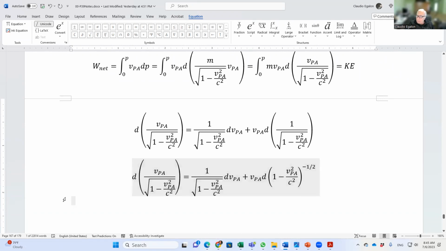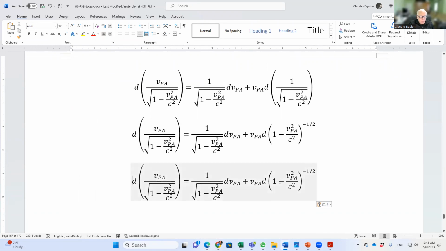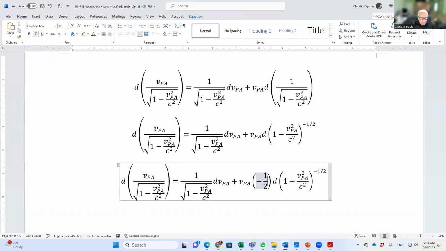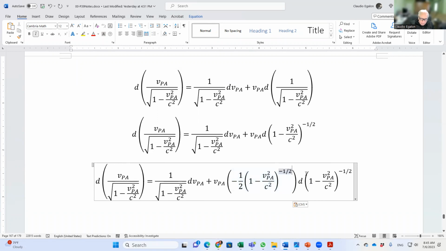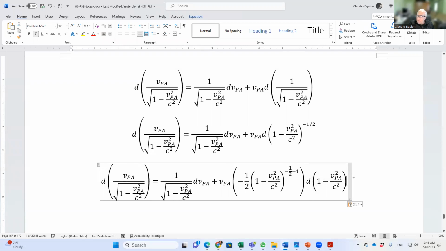In the next step, this term is going to become minus half, right? We repeat this term. We get minus half and subtract 1, right? And finally, we differentiate the total derivative.